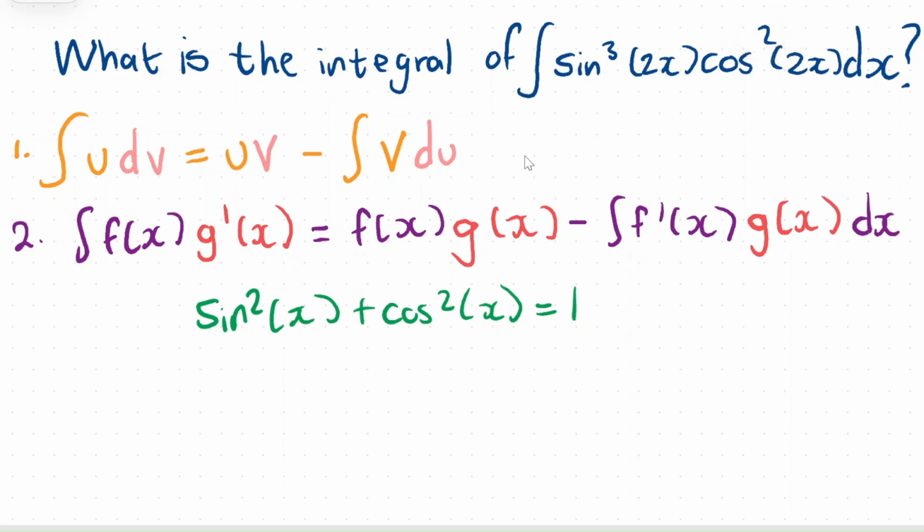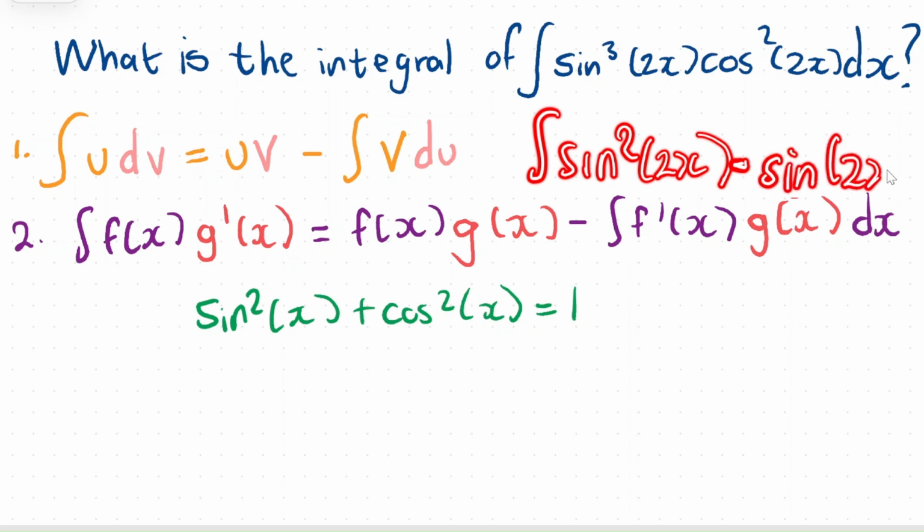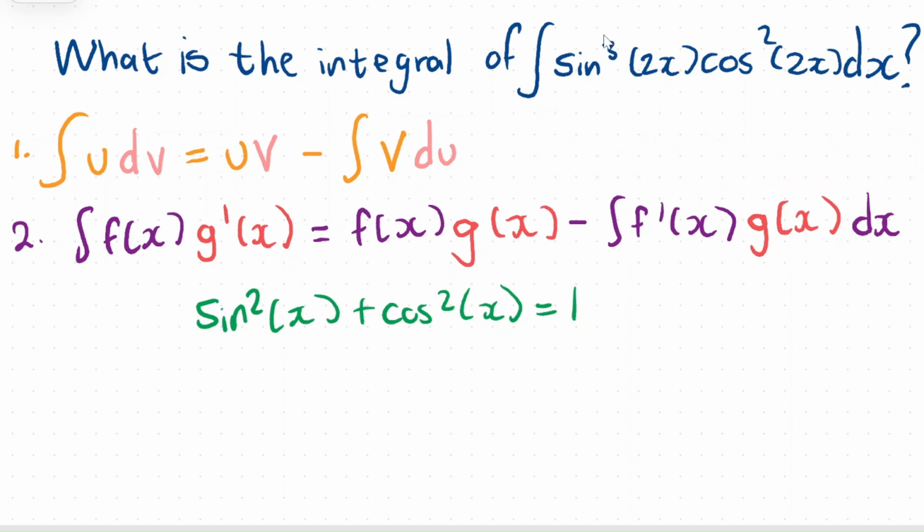We can write sine cubed 2x as sine squared 2x multiplied by sine of 2x. That's important because whenever we have powers like cubed or to the power of 2, we always want to make sure that we match. So let's write that down.